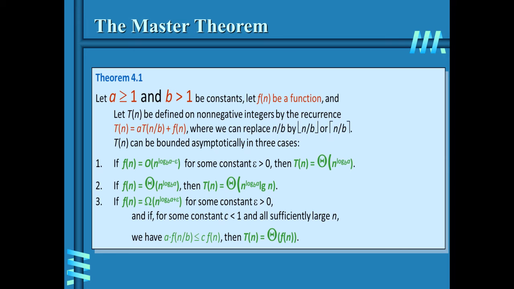If it's upper bounded by n^(log_b a), then you use T(n) equal to Θ(n^(log_b a)). If f(n) happens to be tightly bounded by n^(log_b a), then you have n^(log_b a) log n. If f(n) is lower bounded by n^(log_b a), then you use the highest one, that is Θ(f(n)).